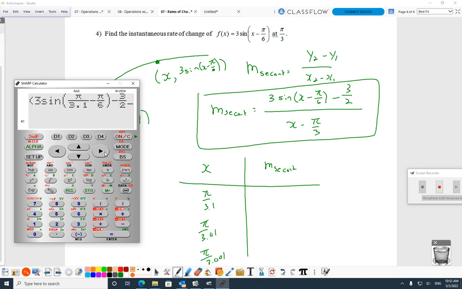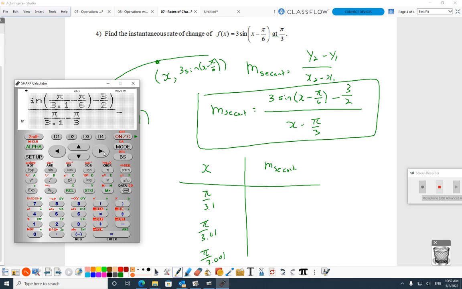Close the bracket. Then hit the fraction button. Am I going to get away with it? Yes, I am. Okay, good. Then the denominator. Type more carefully, Mr. Todd. Pi fraction 3.1 minus pi fraction 3.